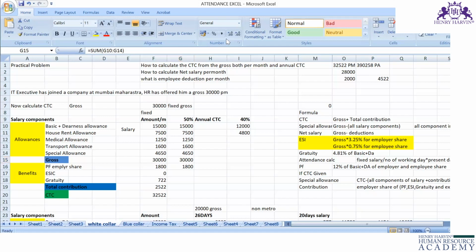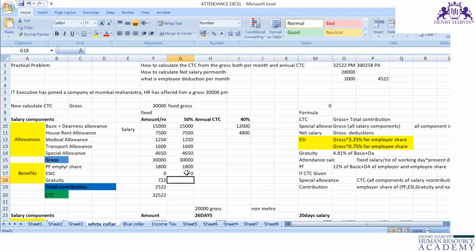Here, the employee has crossed 21,000 because the gross salary is 30,000, which is more than 21,000. So ESI is 0 for that particular employee.